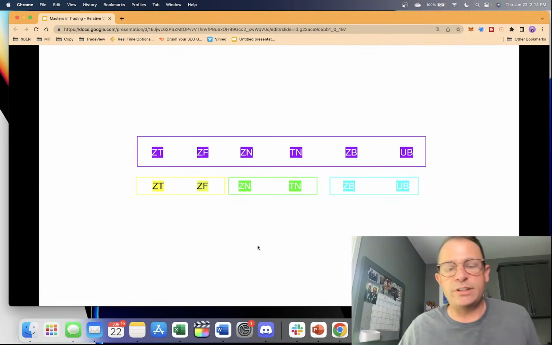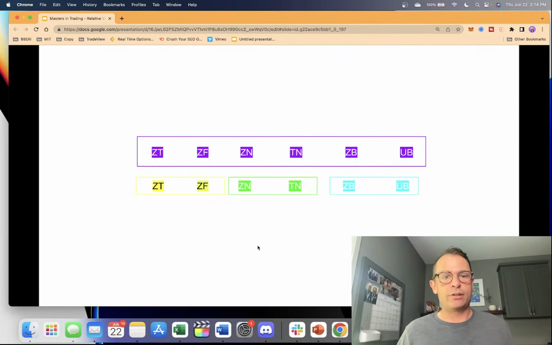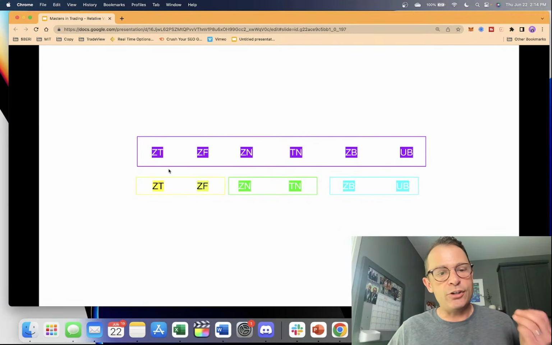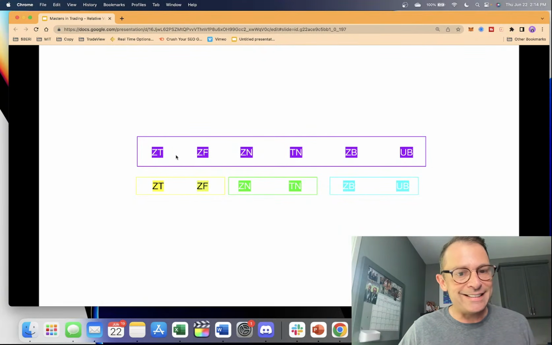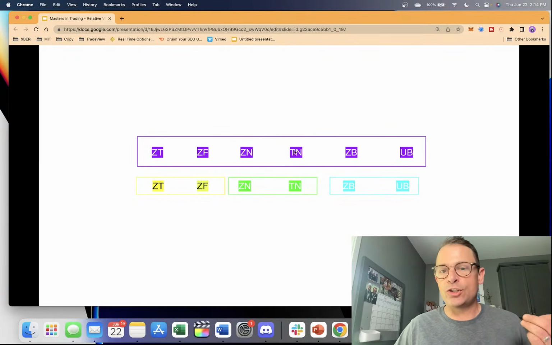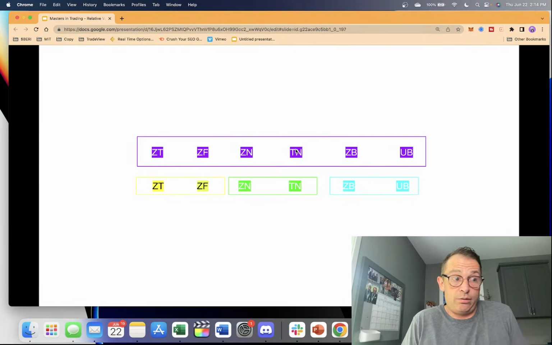So I wanted to close, I've kind of broke this up into different sections. In this section, I just wanted to make sure that you guys are understanding the yield curve, ZT going out to UB. Each one of these are very, very liquid tradable instruments. We could trade ZT against ZF. We could trade ZF against ZN. We could trade ZN against TN. We could do whatever we want.